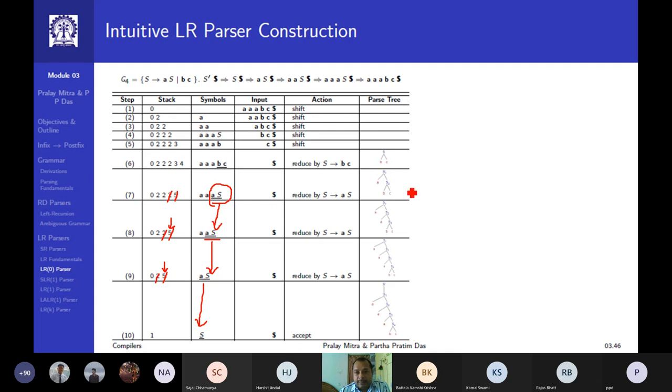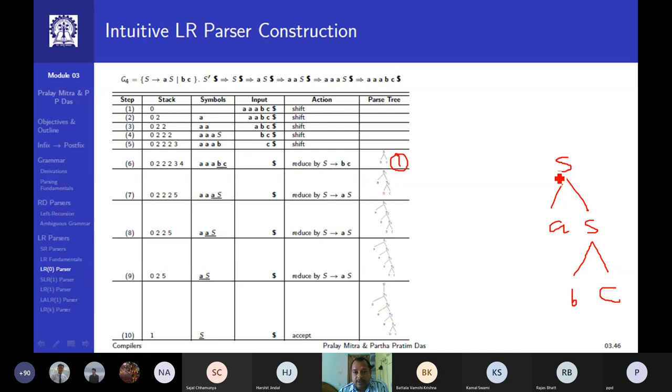Okay, now on the last column, I am not sure whether you are able to see this properly or not. So the parsing tree is being constructed. Because of this reduction, let me draw from the bottom. So BC is constructed, and that is derived to S. Following this, next AS, so this S is already there, so add one more S, you will get this one.